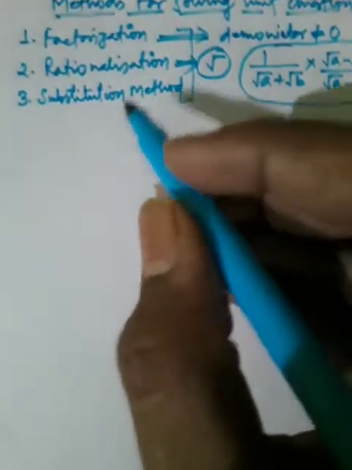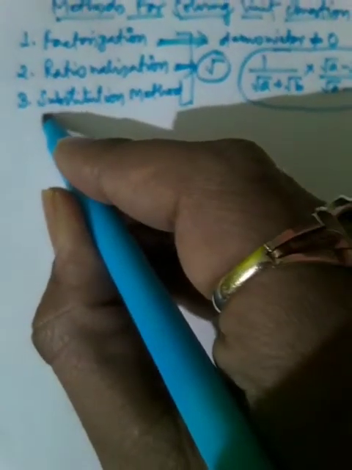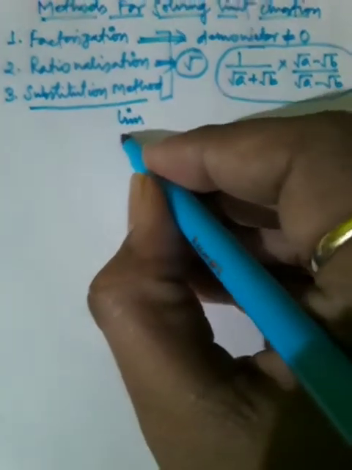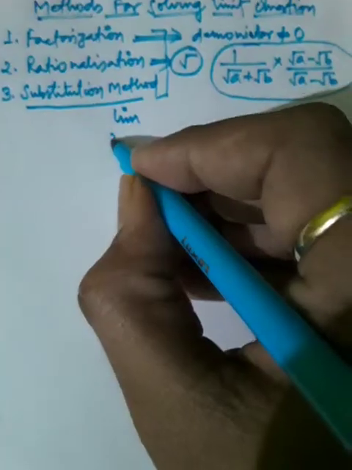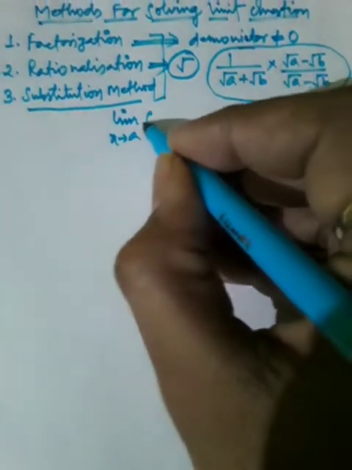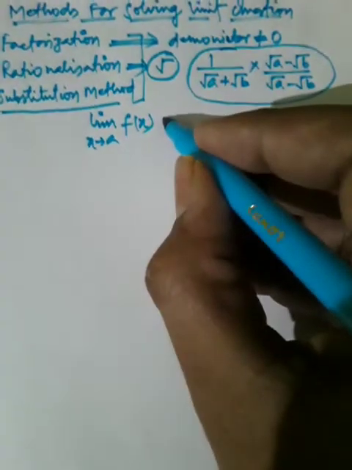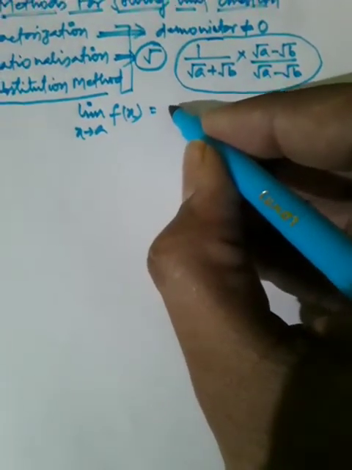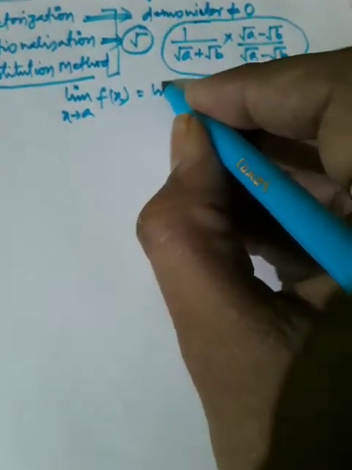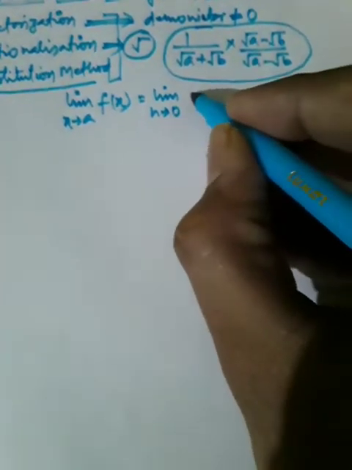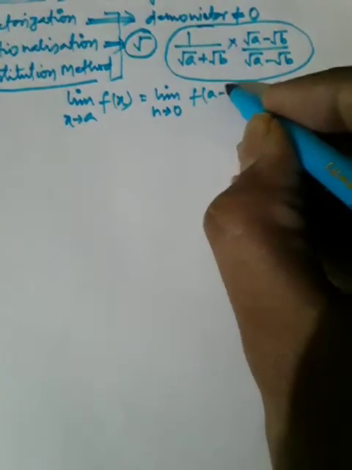Third method is substitution method. When we speak about substitution method, what we do, we substitute the limit x approaches a. If the function given is like this, we can write it as limit h approaches 0 f(a minus h).